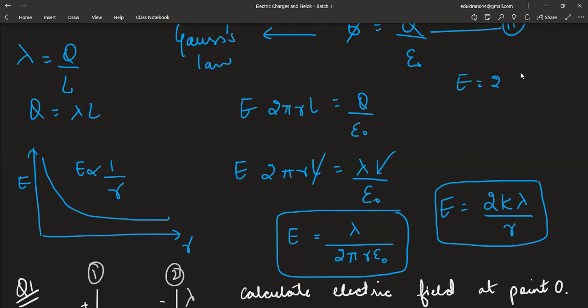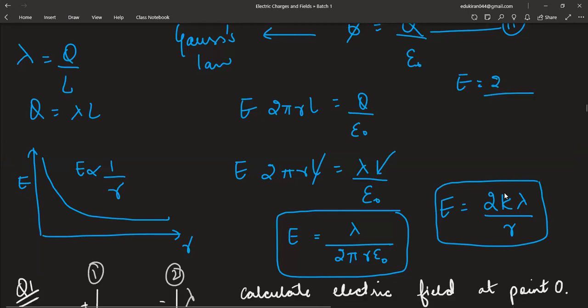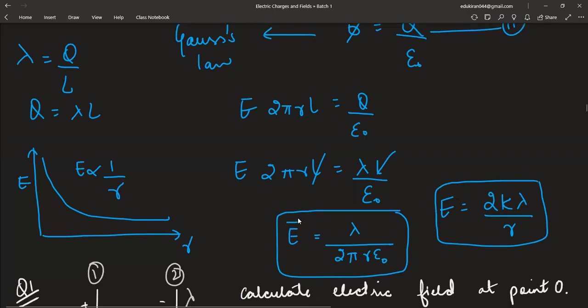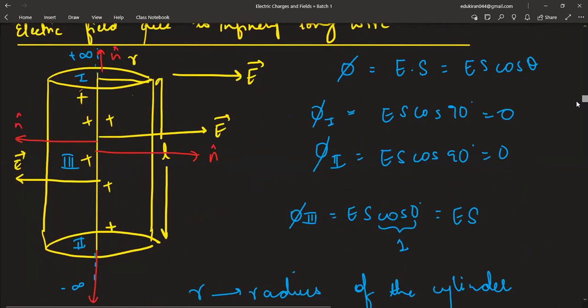So instead of k, I can write 4 pi epsilon naught, then lambda, then R. And you see, we are getting this equation back. So sometimes you can write this in terms of k also, 2k lambda by R. Otherwise, just remember this formula: electric field is lambda divided by 2 pi R epsilon naught. This is important, and these derivations come. These are your applications of Gauss theorem. All right, write this down.